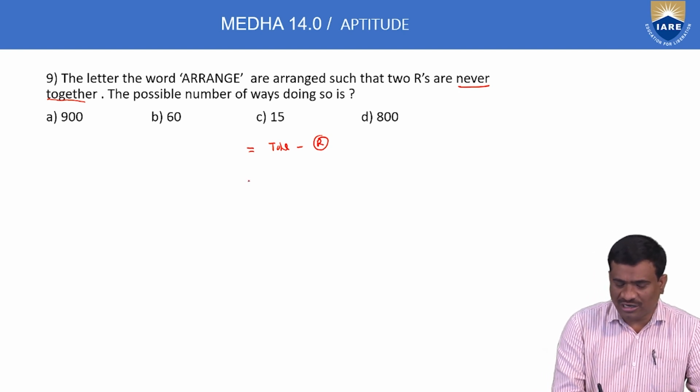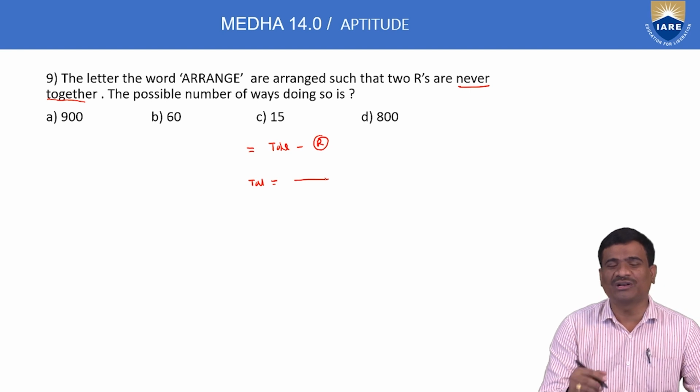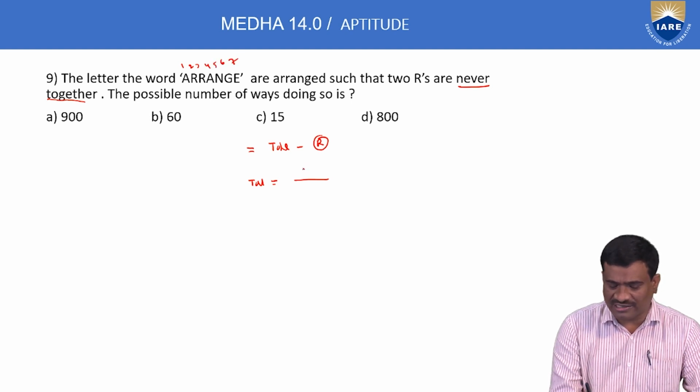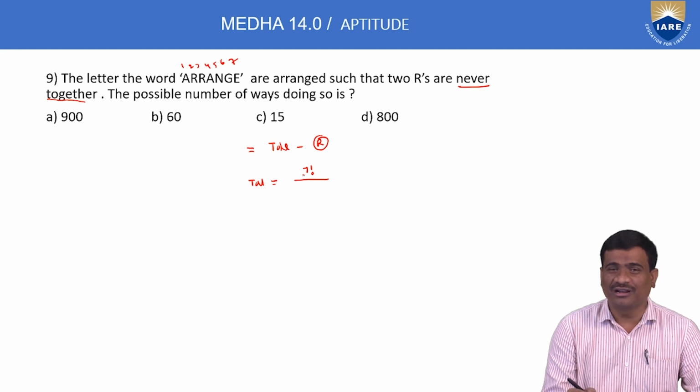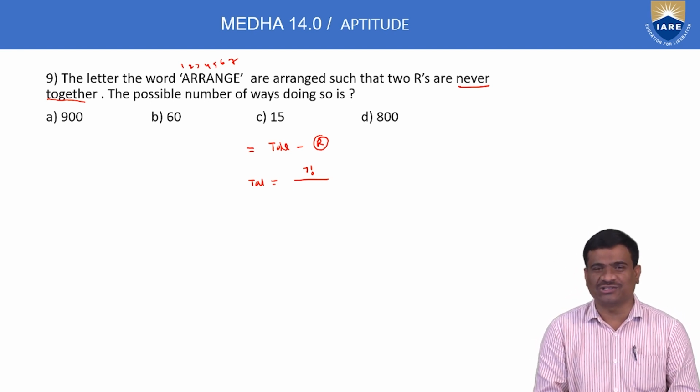Method: total number of arrangements is equal to numerator and denominator. Numerator: count total number of letters in ARRANGE, total 7 letters, 7 factorial. Denominator: repetition of letters in ARRANGE.